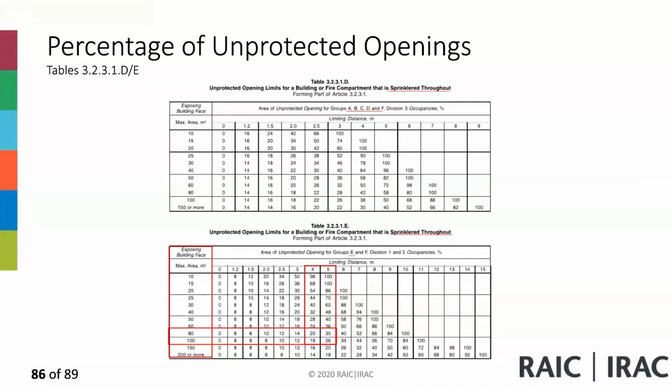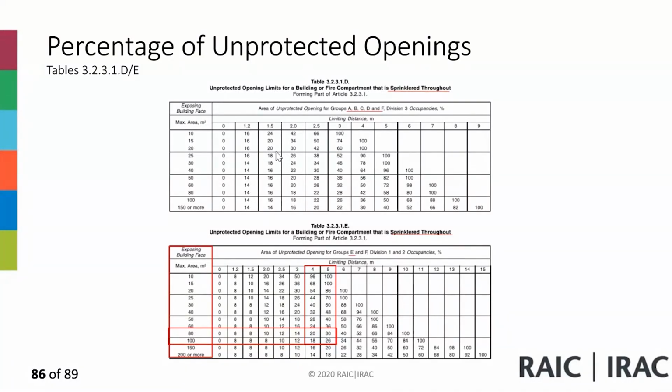And in those buildings, we only look at the area of the exposing building face. We look at the limiting distance, and based on the limiting distance and the area, we can tell the maximum area of unprotected openings. And that is a cumulative area of unprotected openings.